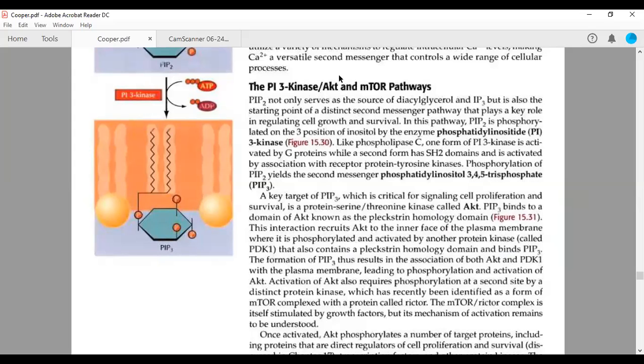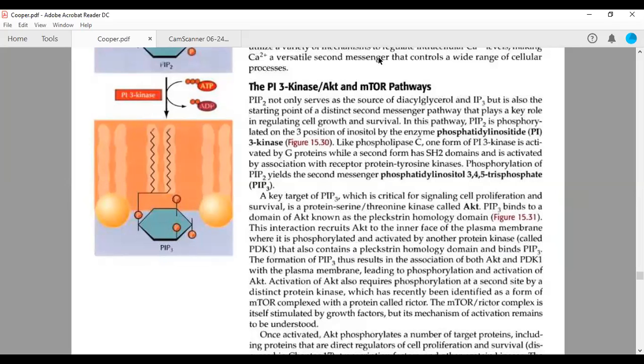Now the question is, what is this AKT? AKT is actually protein kinase B. I was telling you about this particular protein kinase B. The other name of protein kinase B is AKT, and this particular AKT is a protein serine threonine kinase.